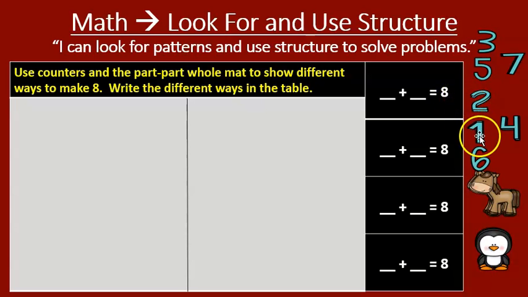If you want to put only 1 circle here, you got to figure out how many circles go on this side to make 8, okay? So, if you get lost, I put some numbers here to help you, okay? Whatever numbers you come up with here, put them in here, but make sure they all equal 8.